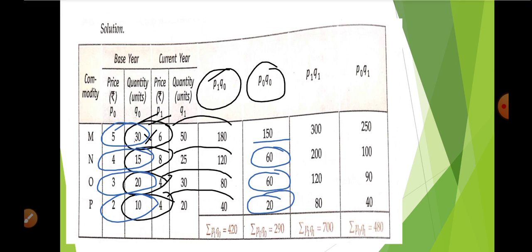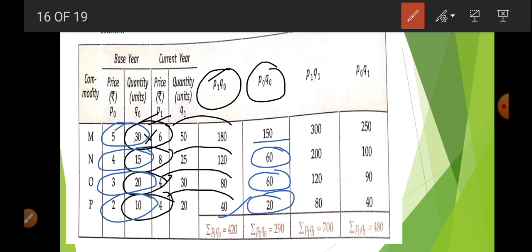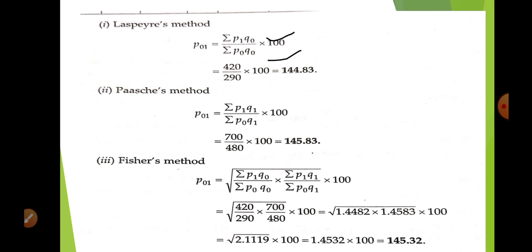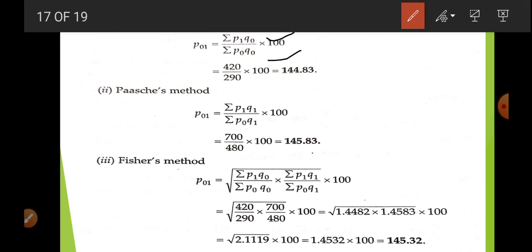Now we are going to add them, so we get 420 and 290. So 420 upon 290 multiplied by 100 we get 144.83, that is, there is an increase in the price equal to 44.83.